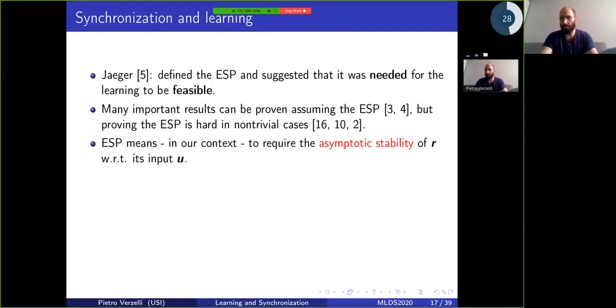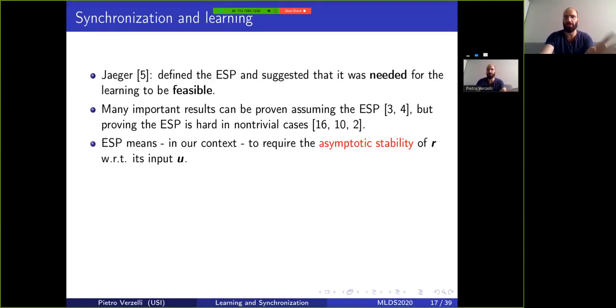So, what's the definition of the echo-state property? In our context, so under our approximation, it means to require the asymptotic stability of R with regard to its input U. So if you're dealing with a deterministic dynamical system, the echo-state property is asymptotic stability of the reservoir with regard to the input. This is what you have. It's exactly the same.